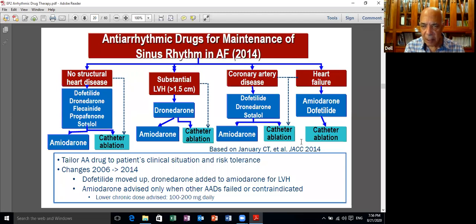This is the American guidelines. It differs from the more recent European guidelines, which remove dofetilide completely because of the restriction. You have to give the patient dofetilide after hospitalization for 3 days.